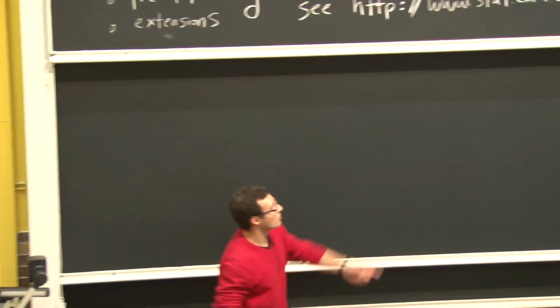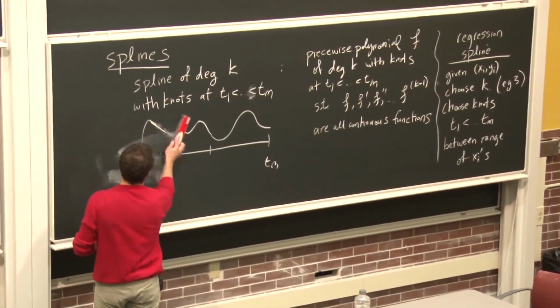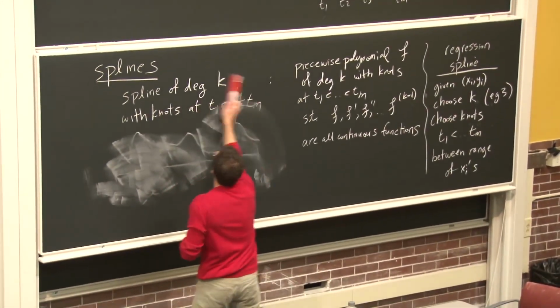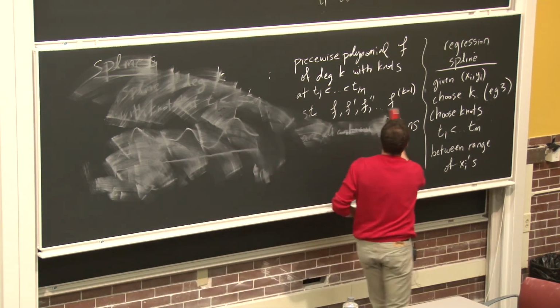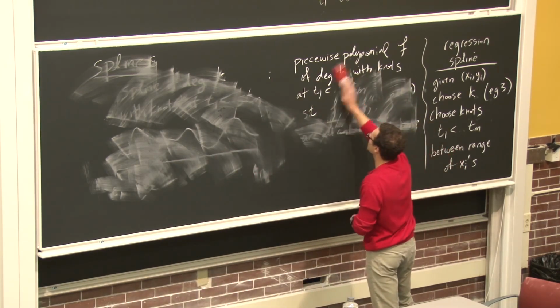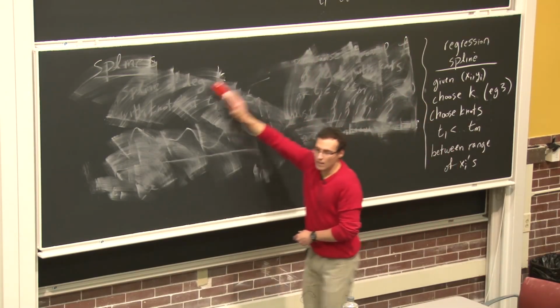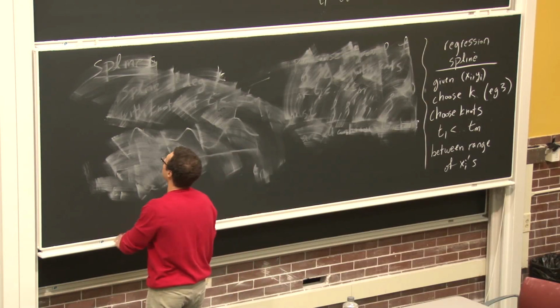So I just evaluate those basis functions at all of my knot points. That's just some computation I have to do in whatever my favorite programming language is. And then I'm going to solve a standard least squares regression of y on these basis functions in order to determine the coefficients.